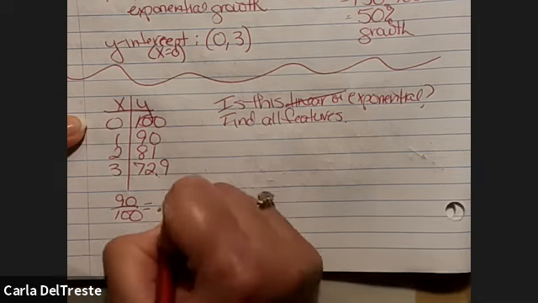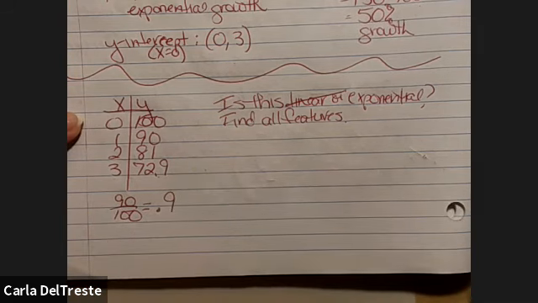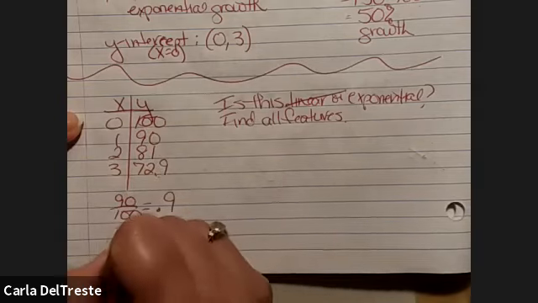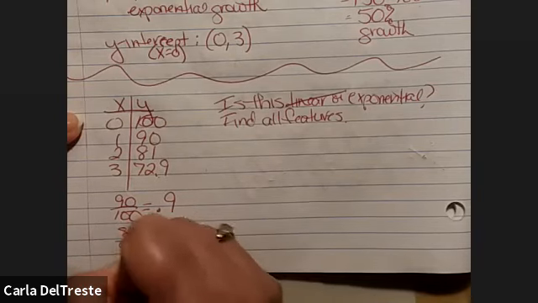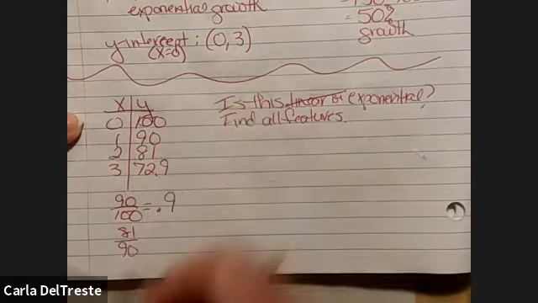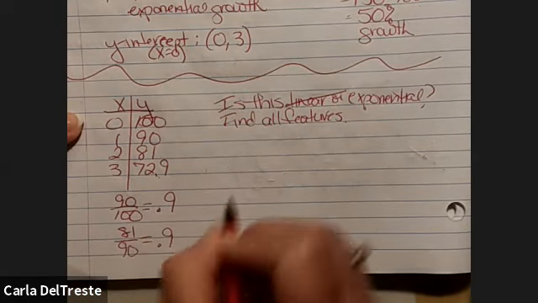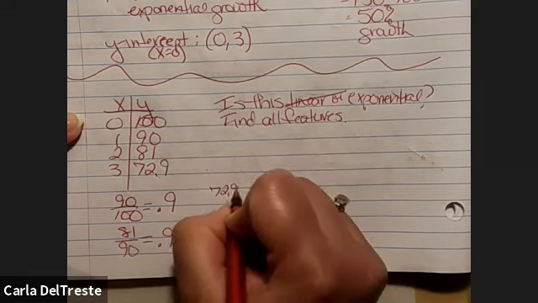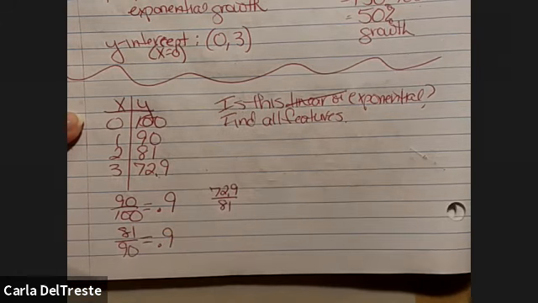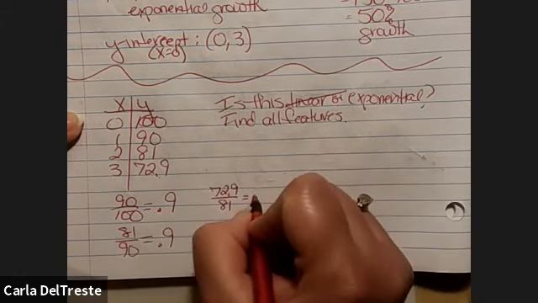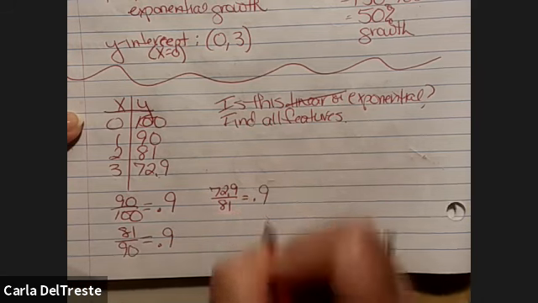That gives me 0.9. Put that directly in your calculator. I want to see if it's the same as 81 divided by 90, because I have to see if this pattern stays true the whole time. That's going to give me 0.9. And I have to see if that's the same as 72.9 out of 81. And I wind up with 0.9.